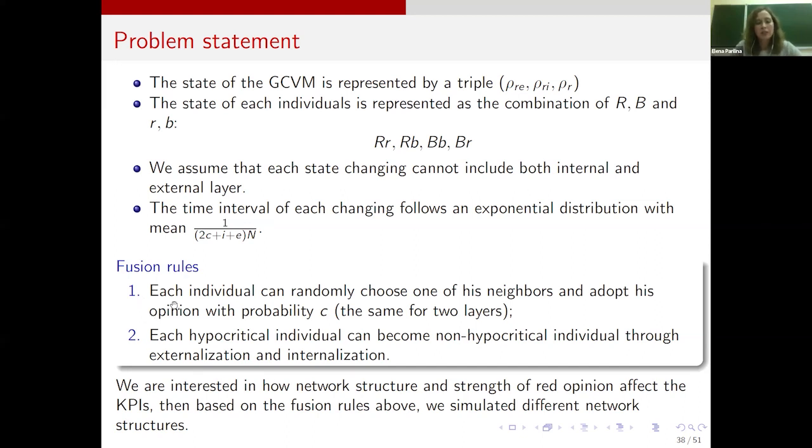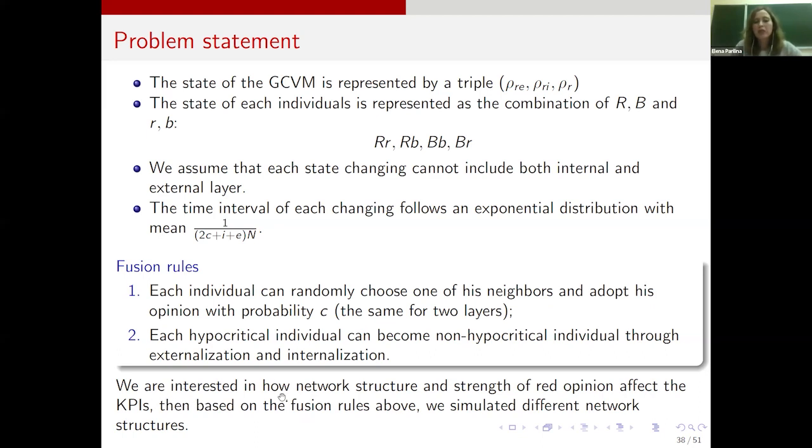The first one is that each individual can randomly choose one of his neighbors to adopt his opinion with probability C. We set it the same for both layers. C is the rate. And the second rule, each hypocrisy can become non-hypocrisy through externalization or internalization. So they can change the opinion. And this change is stochastic, with the given parameters.